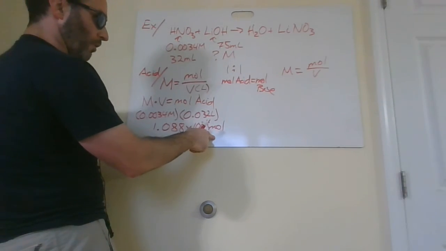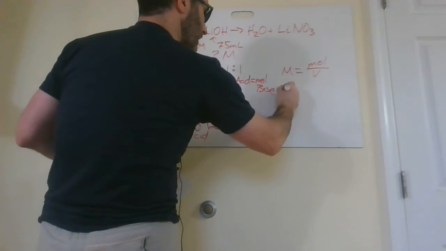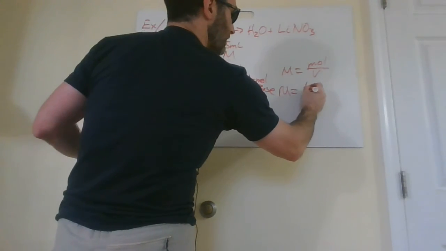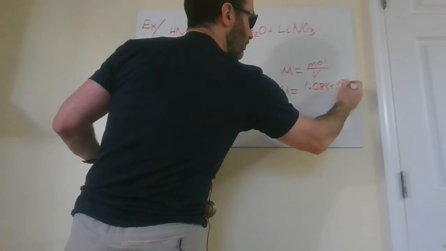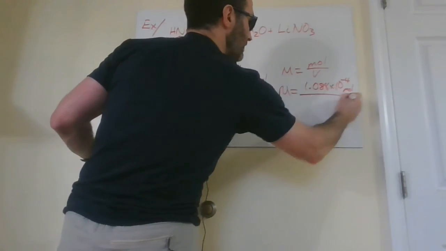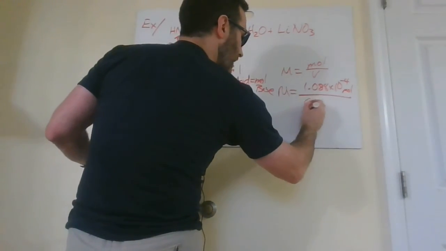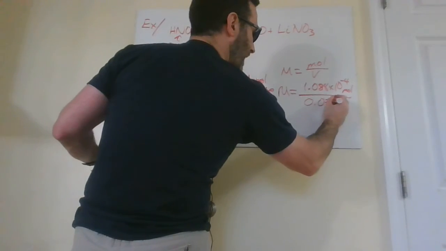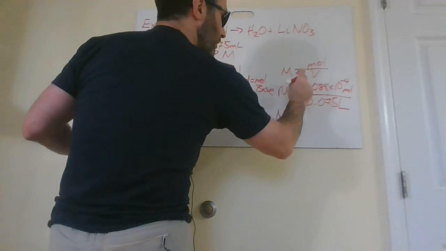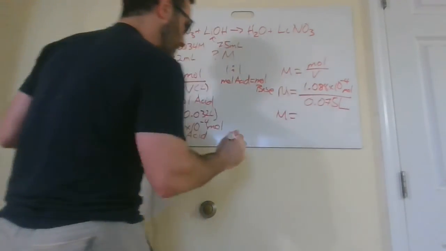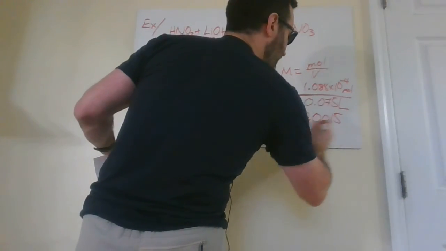I just found moles. Let me find molarity. I know I need this many moles of base, and I know I had that many milliliters of base. That's 0.075 liters of base. Let me calculate the molarity. Moles divided by liters, 0.0015 molar.